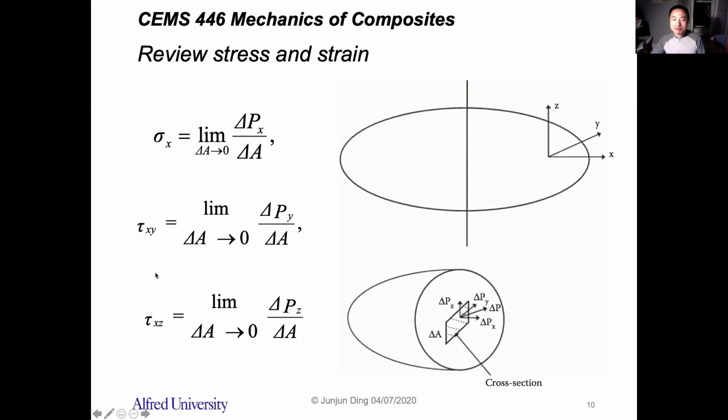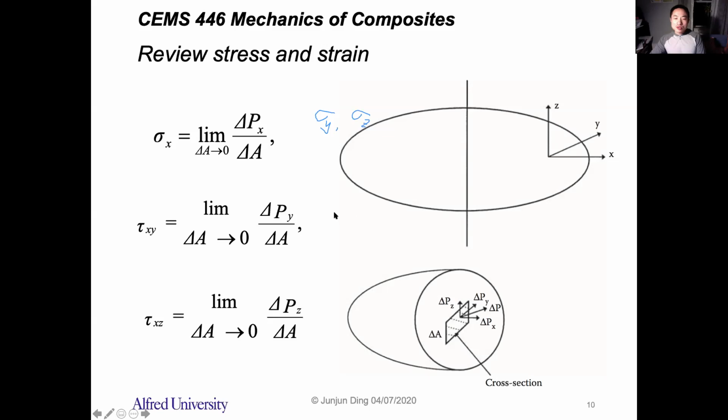So you have two different kinds of shear stress. Similar to this, you can find out the normal stress in the y direction, right? Normal stress in the y direction, normal stress in the z direction, right?